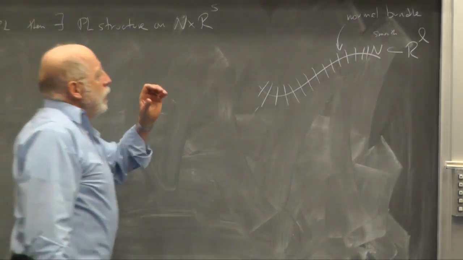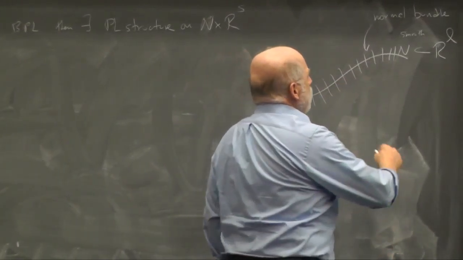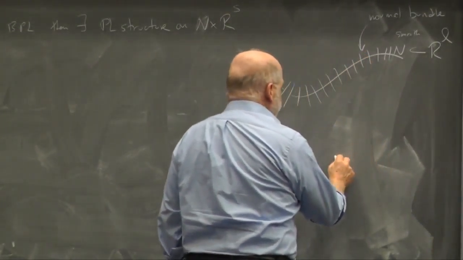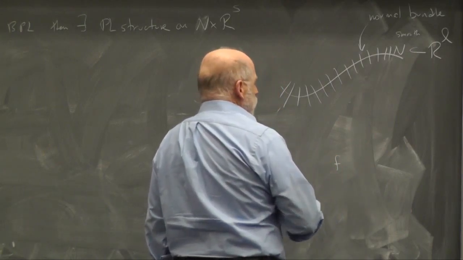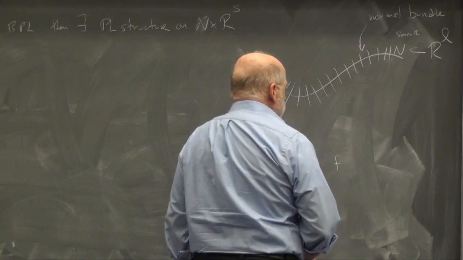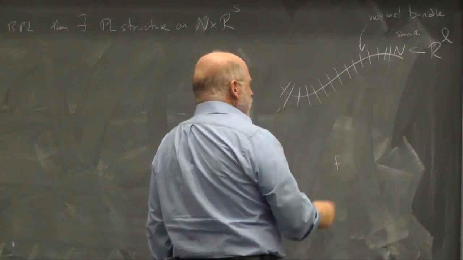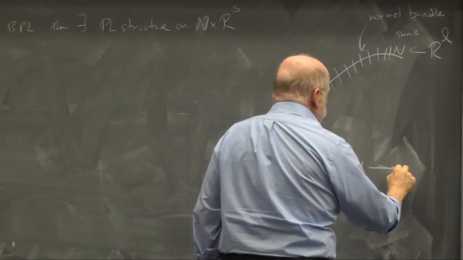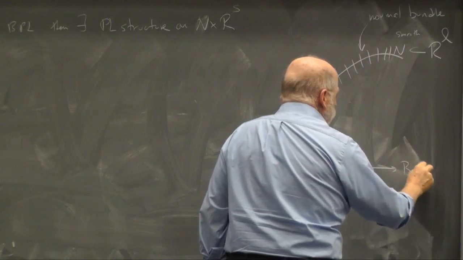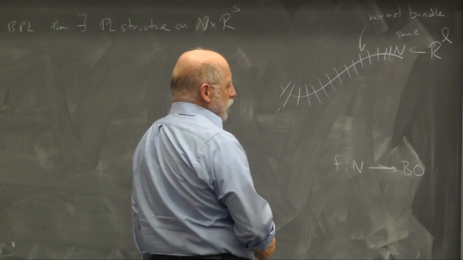Now, I have a map. Well, we know it was smooth, so I kind of forget that. We have a map from N into BO, because we're just working in a smooth world here.